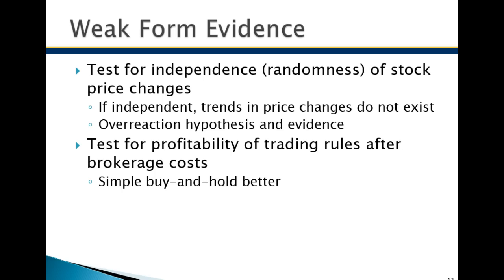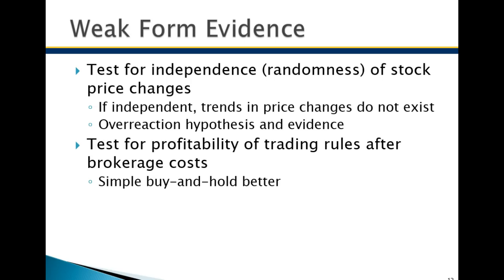Okay, so going back to the weak form. If we're going to test for independence or randomness of stock price changes, if independent, that means that the trends in the price changes do not exist. An overreaction hypothesis in evidence is sort of what we're looking for.